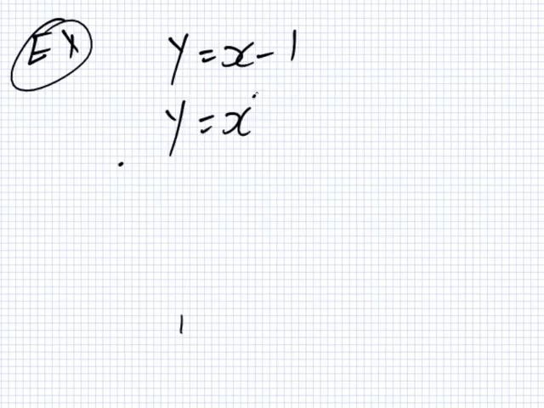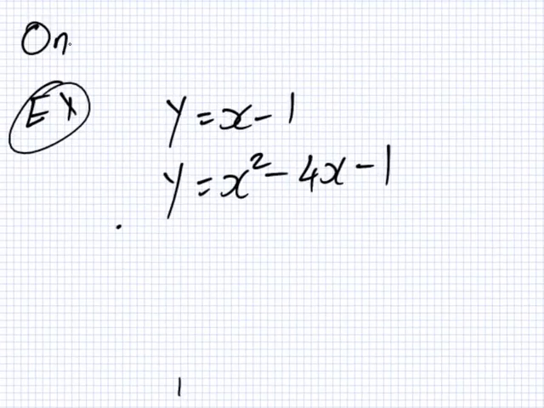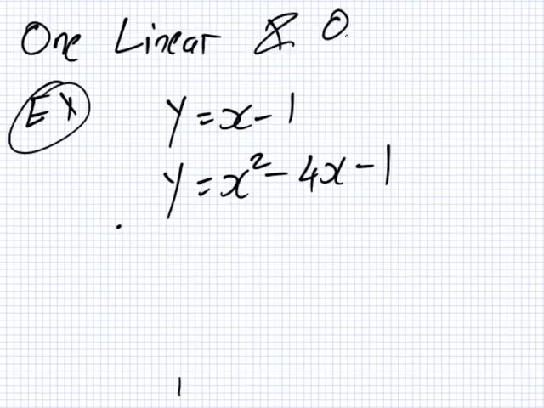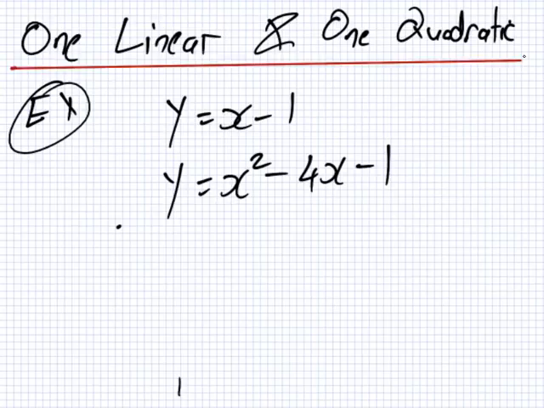We'll say, for example, y equals x minus 1 and y equals x squared minus 4x minus 1. So this is all about 1 linear and 1 quadratic. So you're solving a system where you have 1 linear equation and 1 quadratic equation.